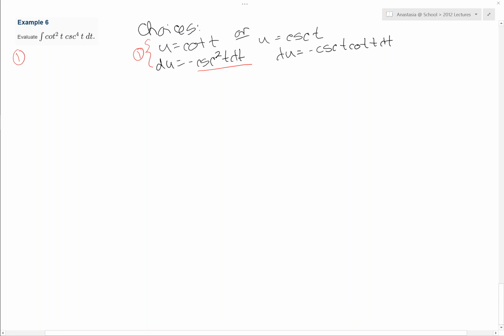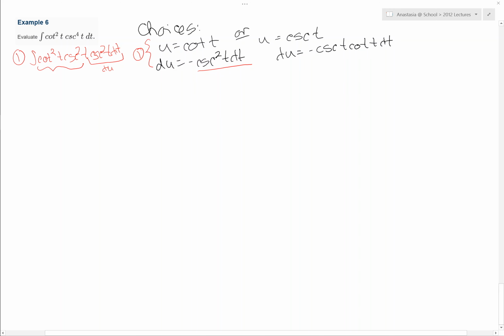This means that we would need a cosecant squared t to be reserved. So we could rewrite our integral as cotangent squared t, cosecant squared t, cosecant squared t dt. So this would be our reserved du here, or really more like negative du, but that part doesn't matter so much right now.